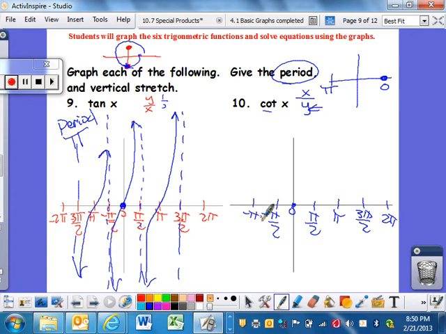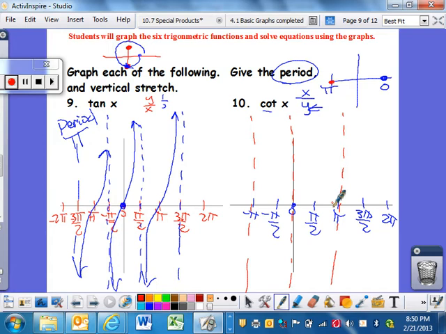And where do we run into problems? At 0. Okay, that's a problem. And then we run into problems at pi, because that's where we are straight left. Or we could run into problems at negative pi. Either way, notice there are still asymptotes, except we need to figure out which way this thing travels.